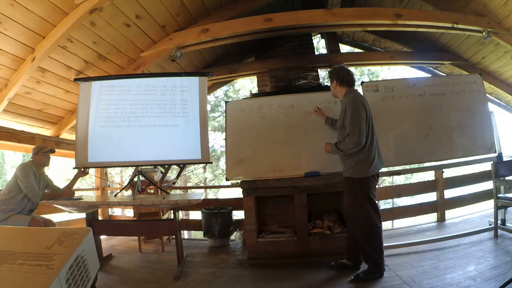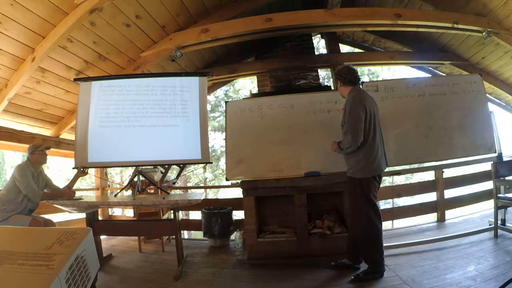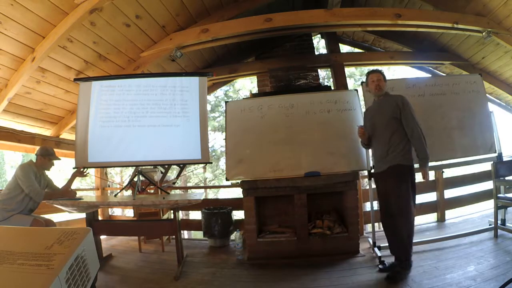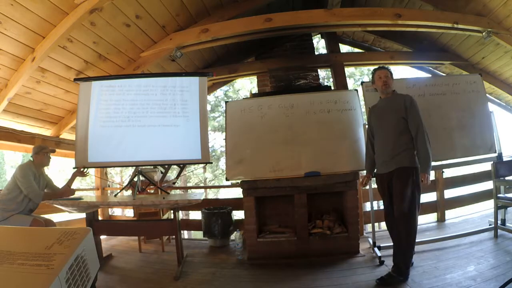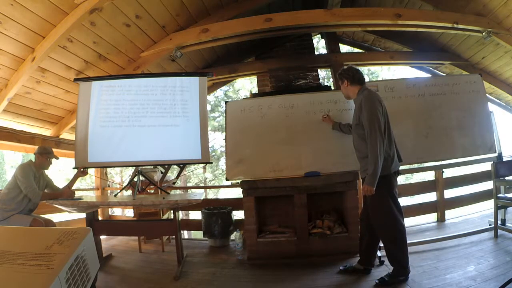And H is separable. So why is that? Separable in GL. That's because there's an exercise on the second sheet saying that any subgroup of a general linear group is separable.